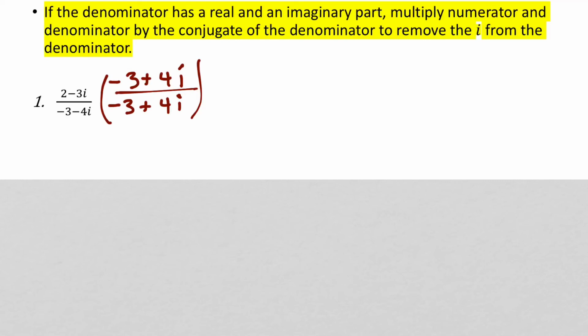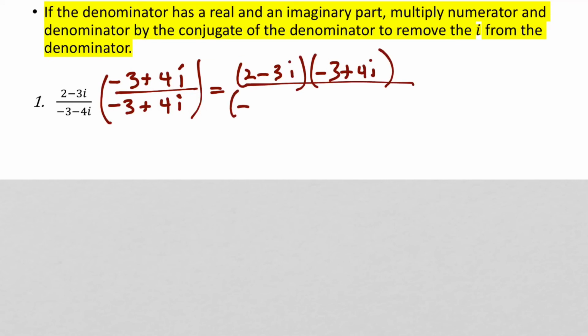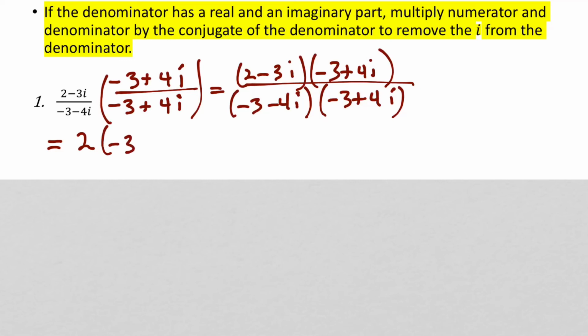So I'm going to go ahead and do my double distributing. I've got 2 minus 3i multiplied by negative 3 plus 4i on the top. And I've got negative 3 minus 4i multiplied by negative 3 plus 4i on the bottom. All right, so let's carry this out. On the top, 2 times minus 3 plus 4i, minus 3i times minus 3 plus 4i.